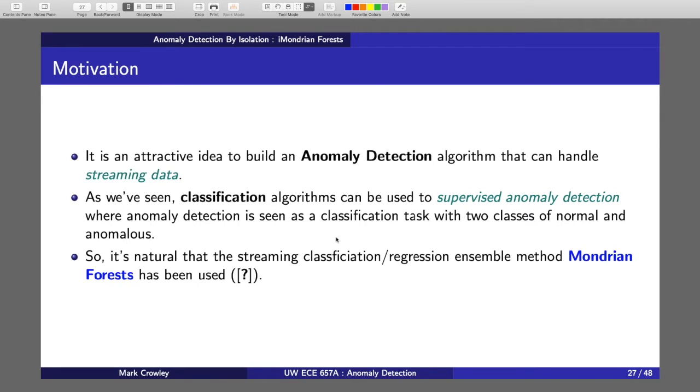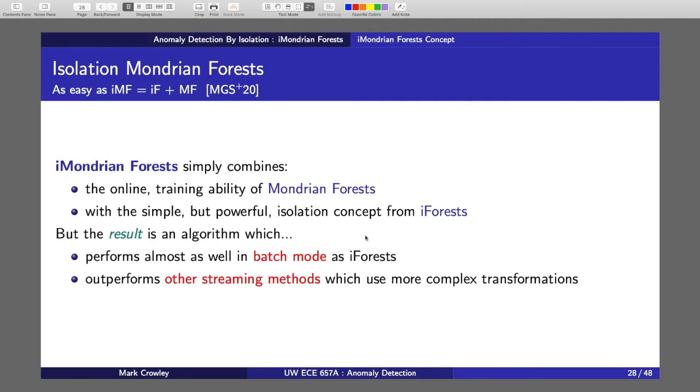So we're going to train it the normal way where data is coming in and streaming, but we're not going to try to fit it to a particular class, we're going to just use that depth idea to define an iMondrian forest, an isolation Mondrian forest that combines both, right? And we have some results we can show.